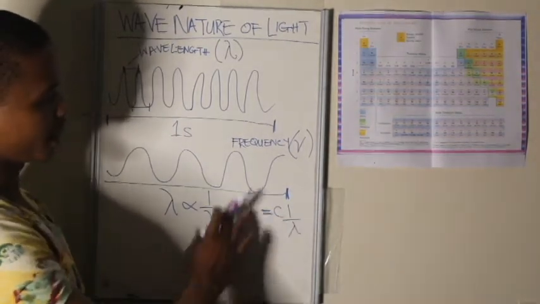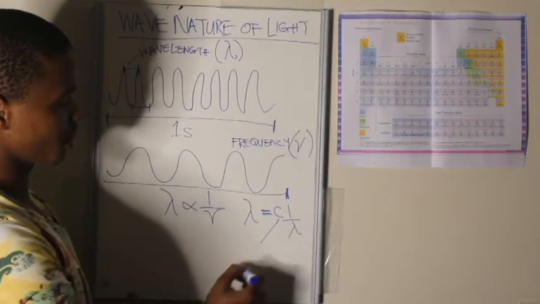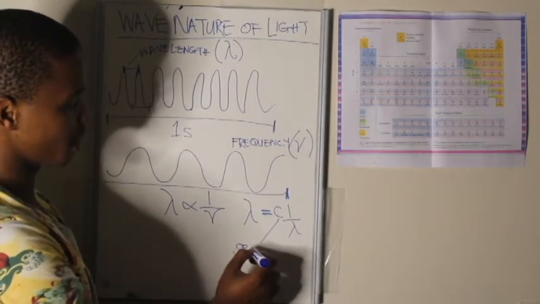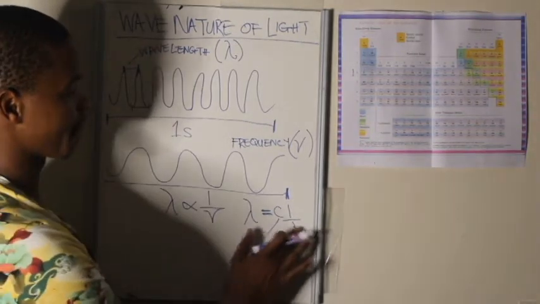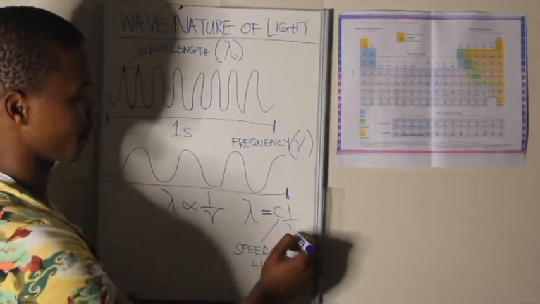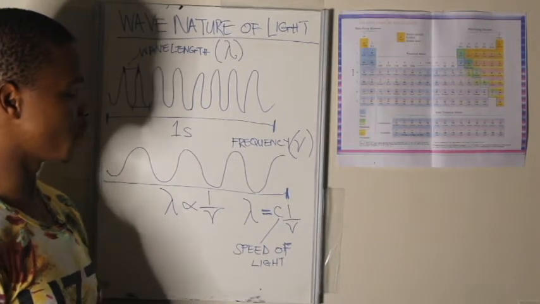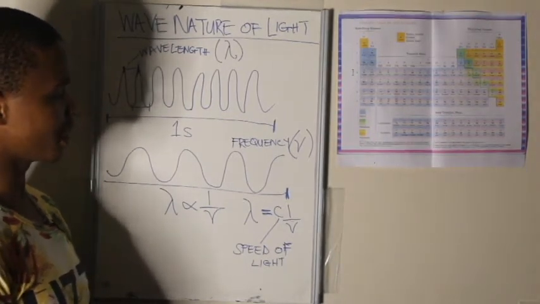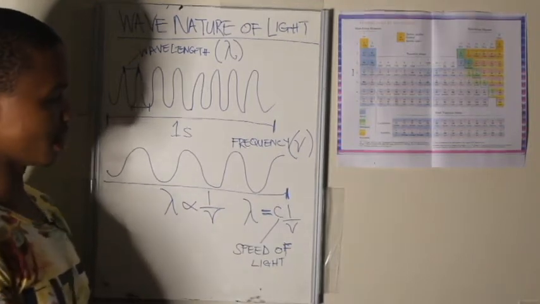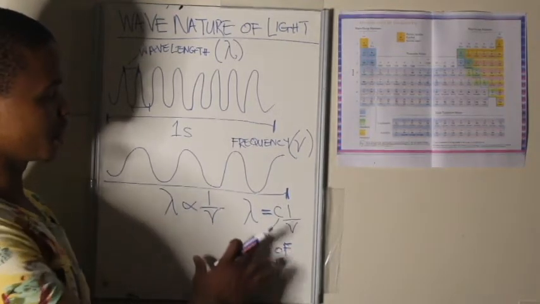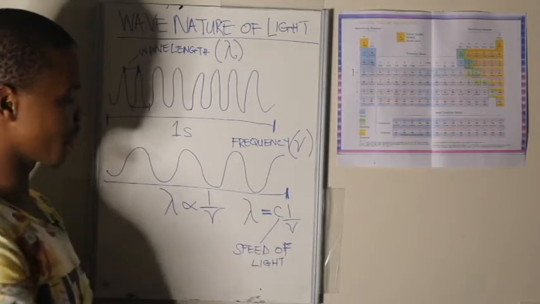So in this case, the constant would be the speed of light. Now a constant has to be independent of the variables, in this case your wavelength and frequency.